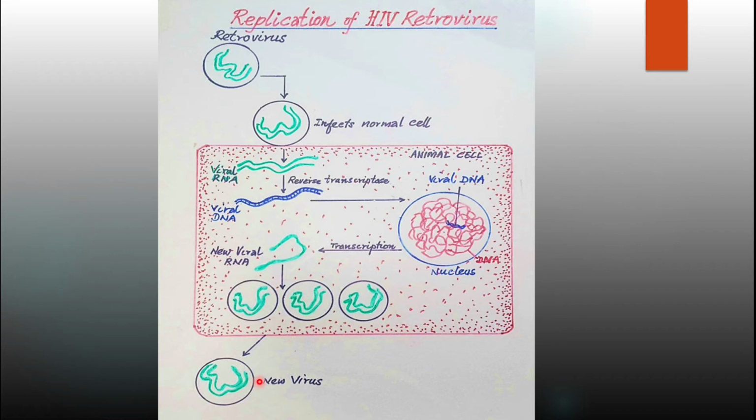So, if you now think about the condition of the patient, there is a progressive decrease in the helper T cells, and when there are no helper T cells, simultaneously the B cells are not stimulated to produce antibodies.